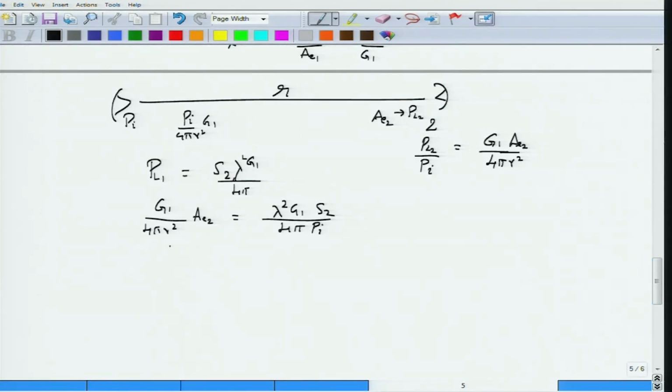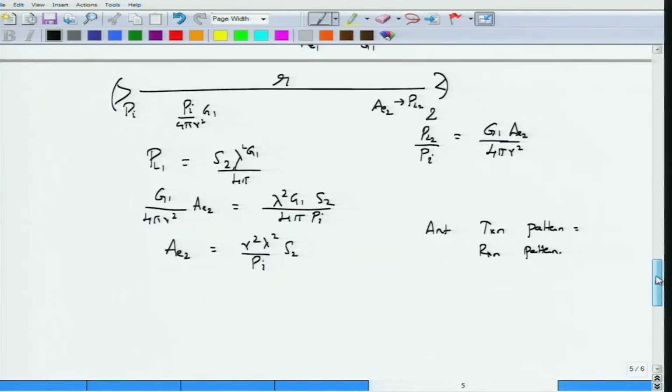Since I know this result, I can rewrite AE2 as r square lambda square divided by Pi times S2. What this relation is simply telling me is that the antenna's effective aperture depends on the angle theta in the same way as it has been transmitted by the transmitted radiation. Thus, essentially telling you that the antenna transmission pattern is exactly equal to its receiving pattern, and therefore, the antenna is essentially a reciprocal device.